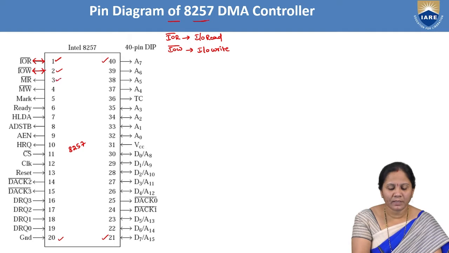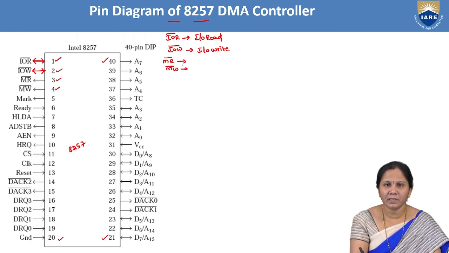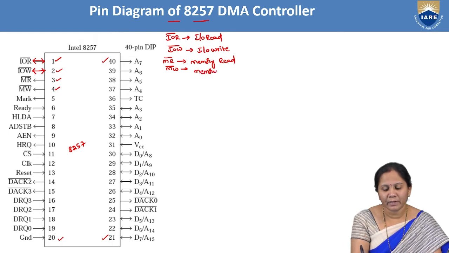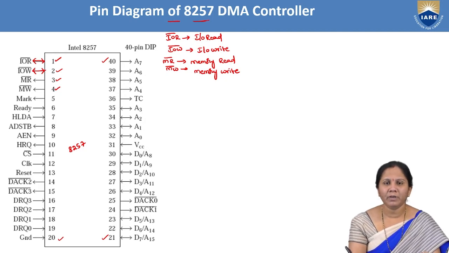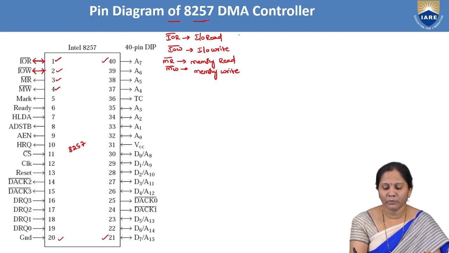Next, the third and the fourth pins are MR bar and MW bar. Here M represents memory, R is memory read, and the next one is memory write. So the reading and writing can be done from the IO devices or from the memory with the help of these signals.